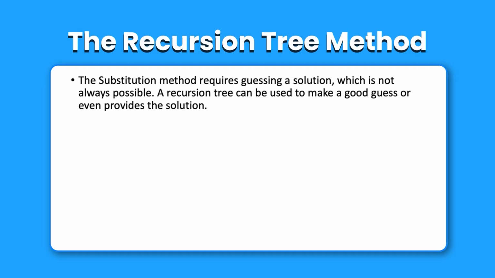The substitution method, however, required guessing a solution, which may not always be possible. Therefore, a recursion tree can be used to make a good guess or even provide the solution. So it helps in providing a guess or sometimes even the solution. So that is the recursion tree method.